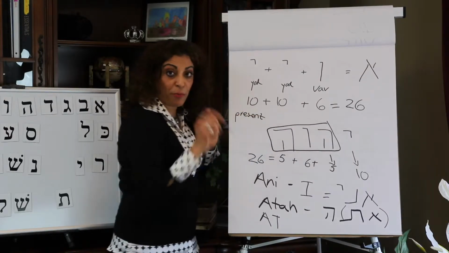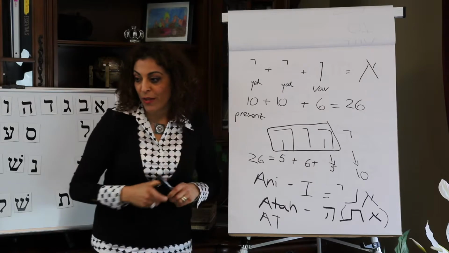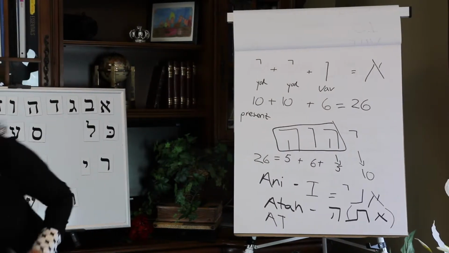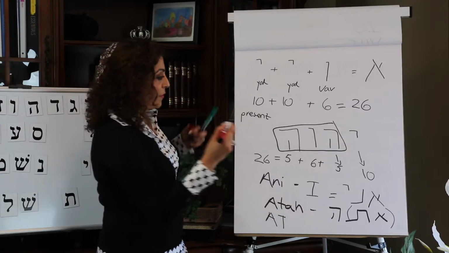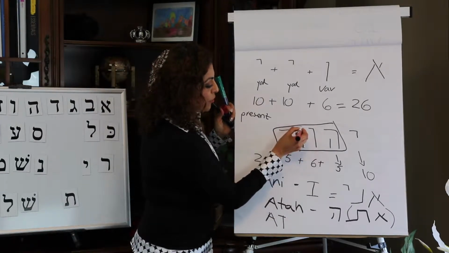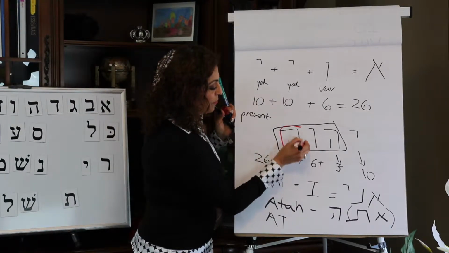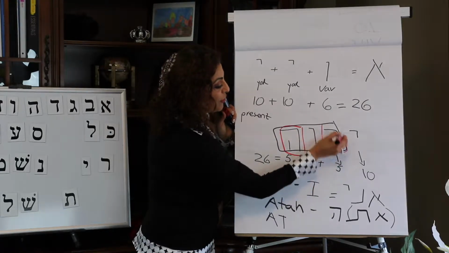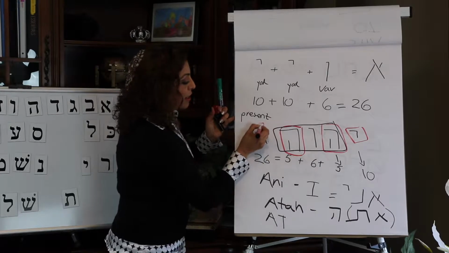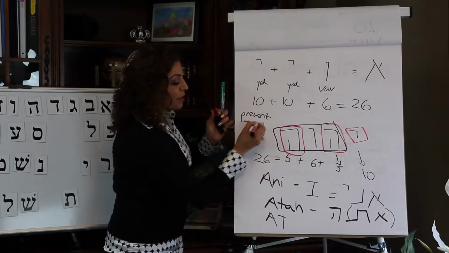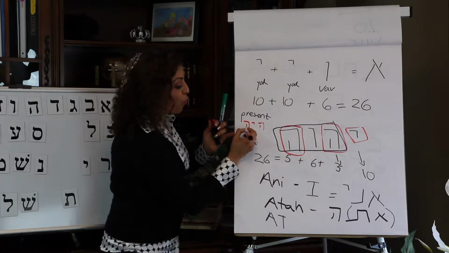Like in the present time, like now. If I take this letter, this letter, and inside of it put this, we create haya. That means was.